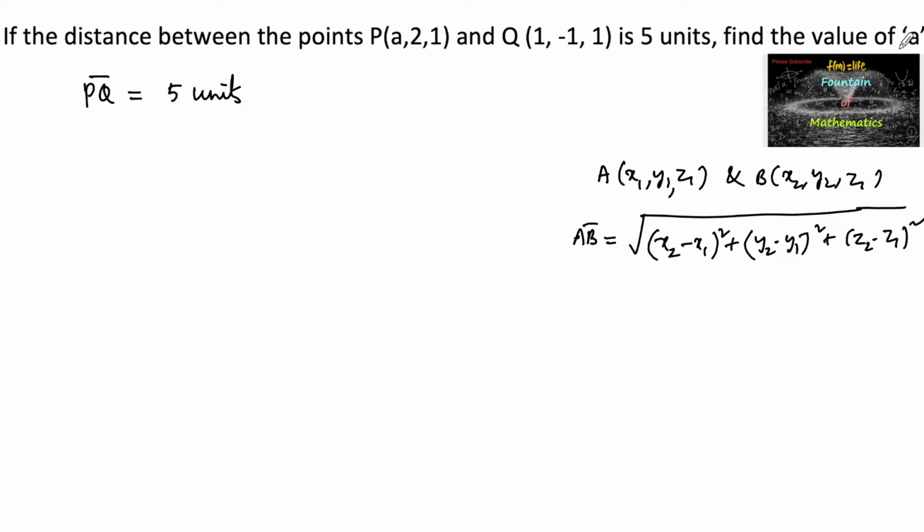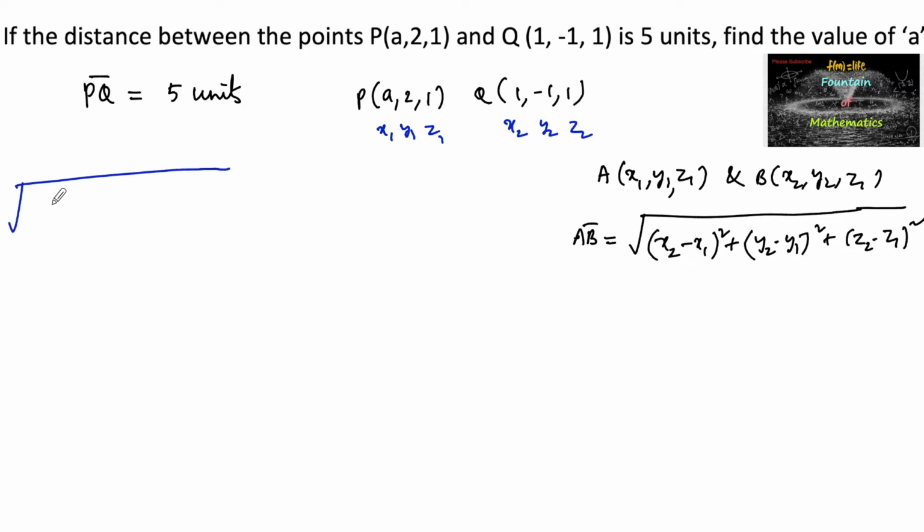So we need to find the value of a such that the distance between P and Q is 5 units. Since the points are P(a, 2, 1) and Q(1, -1, 1), let's consider them as (x1, y1, z1) and (x2, y2, z2), so that the distance is √((1 - a)² + (-1 - 2)² + (1 - 1)²) = 5 units.